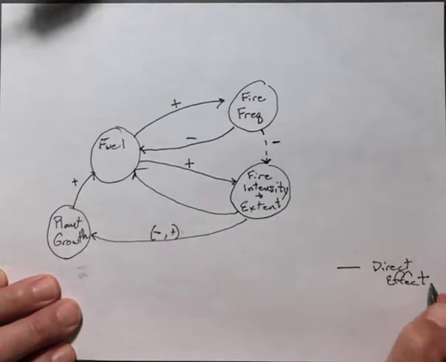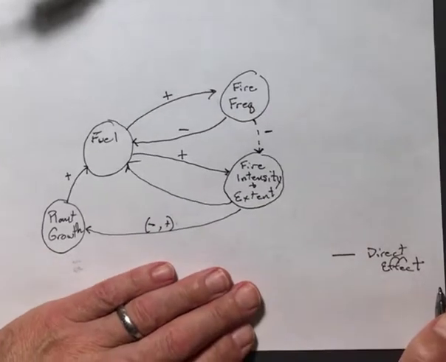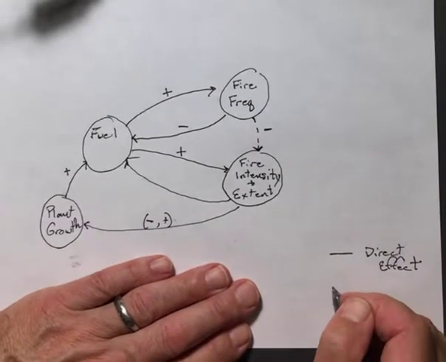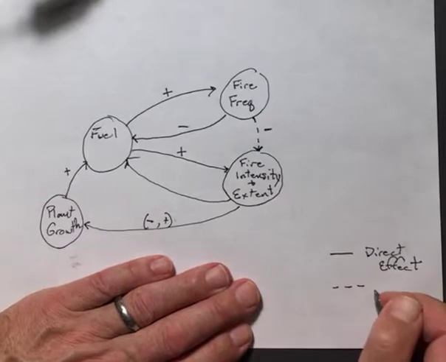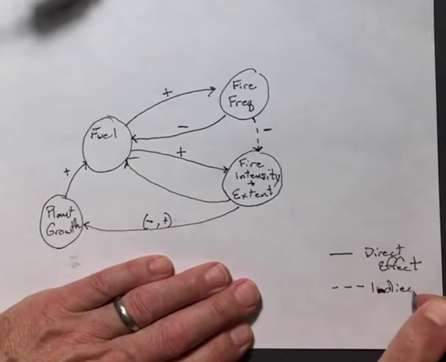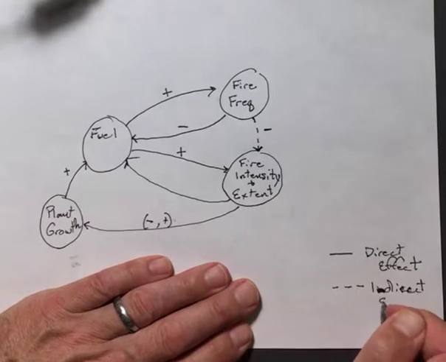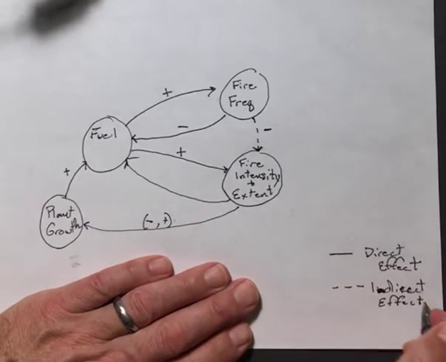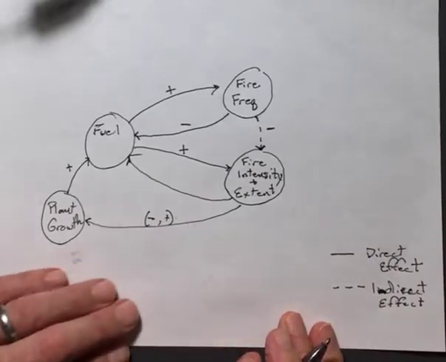And I'm just going to put in a couple of especially important dashed lines, and these are indirect effects. If I could only spell, right? Indirect effect. And an indirect effect is just the result of more than one direct effect.